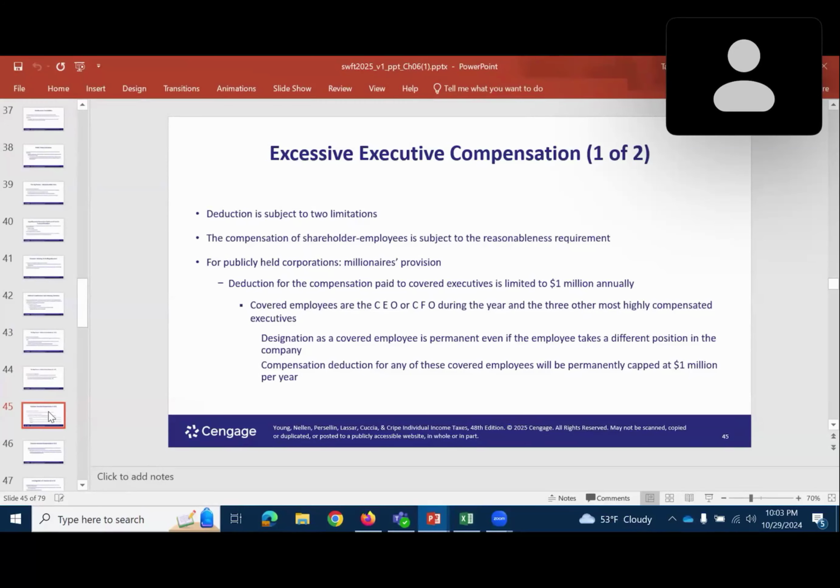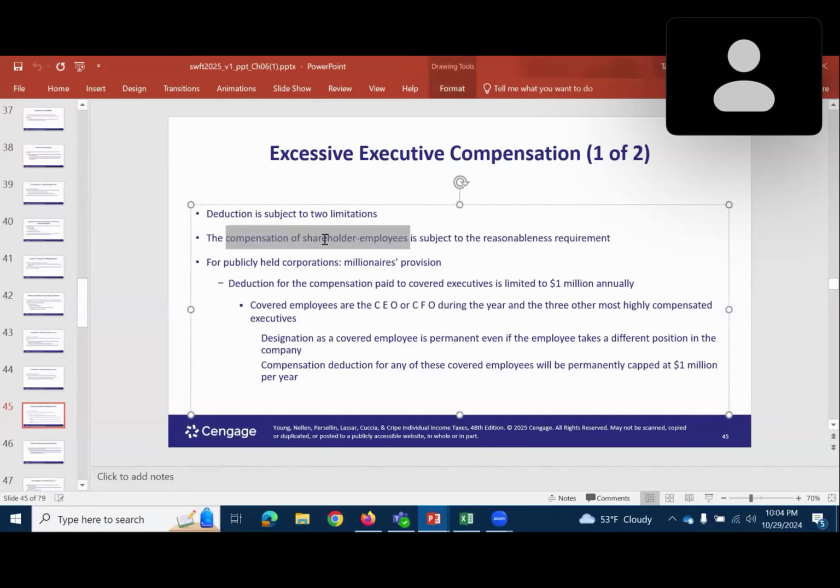Well, the IRS has said the deduction for excessive executive compensation is limited. If you're the CEO and I pay you $10 million, I can only deduct $1 million as compensation. Okay, so the deduction is subject to two limitations.